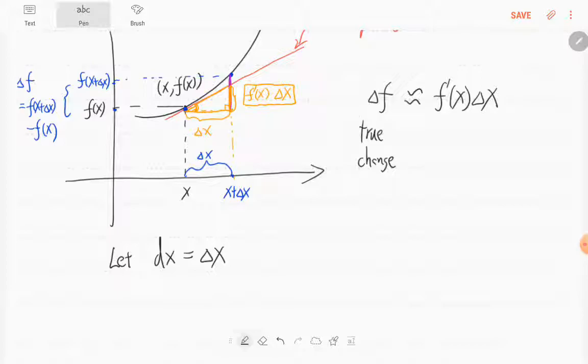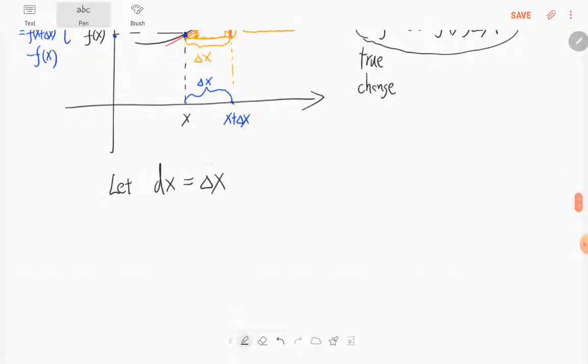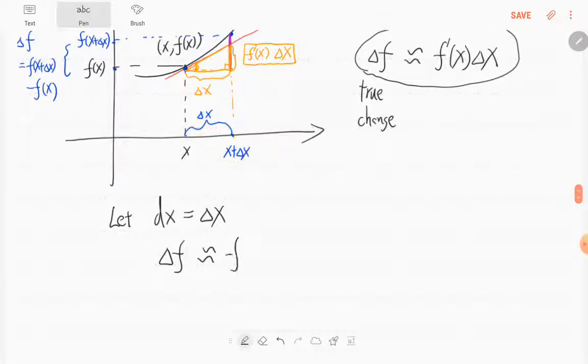So we can use this approximation, which gives a good approximation when delta x is small. In other words, this delta f, the true change, can be approximated by f prime of x times dx.